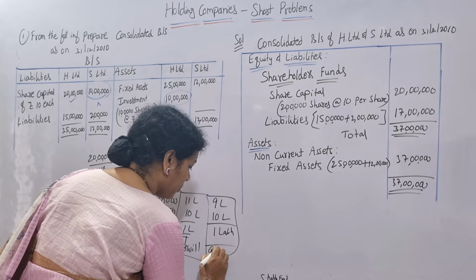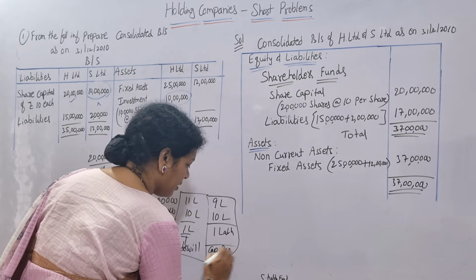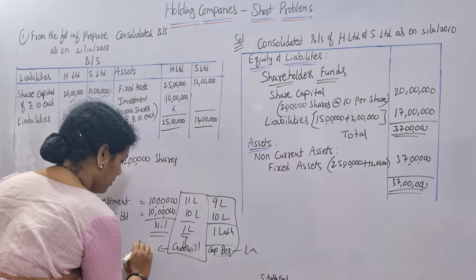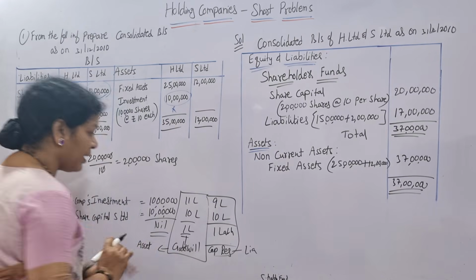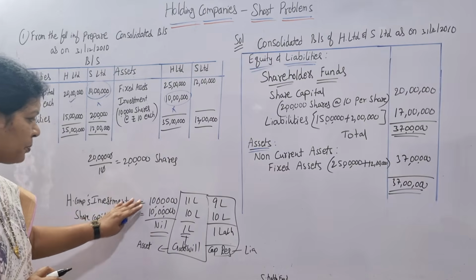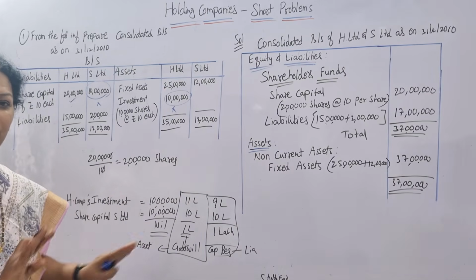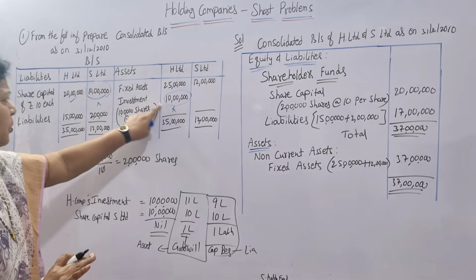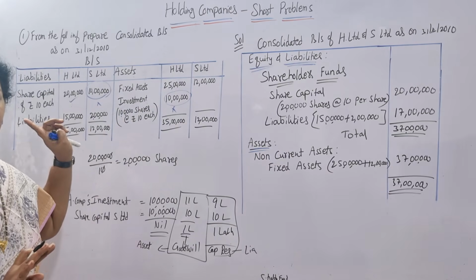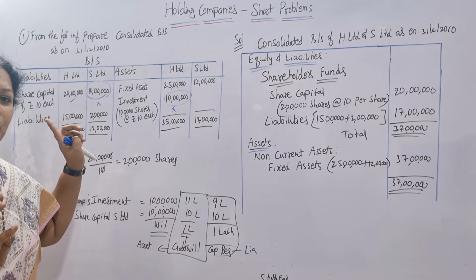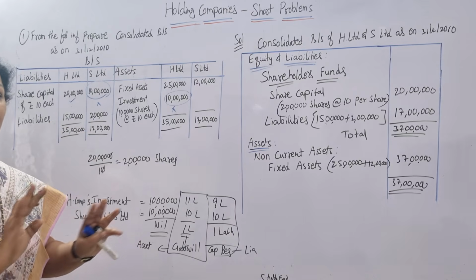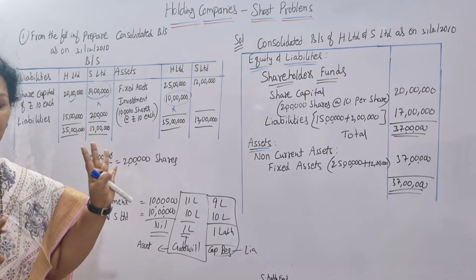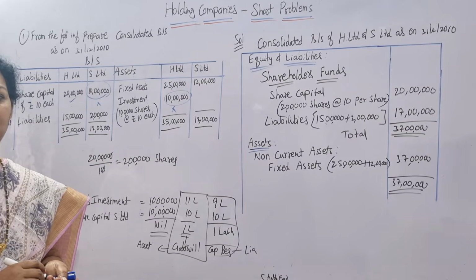Capital reserve will be shown on the liability side, and goodwill would be shown as an intangible asset on the asset side. But in this problem we have nil, no goodwill and no capital reserve. Are you getting this? Both amounts are compared to know either the goodwill or the capital reserve, not for anything else. Directly we are not supposed to take them in the consolidated balance sheet. This is the main important point you have to remember.